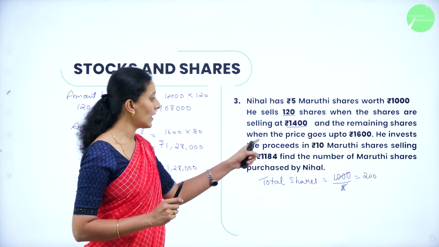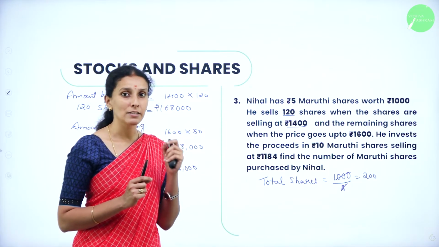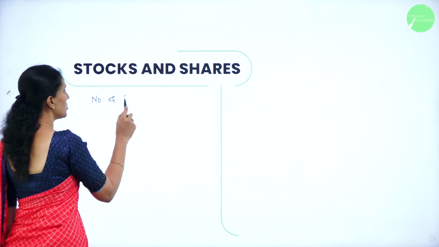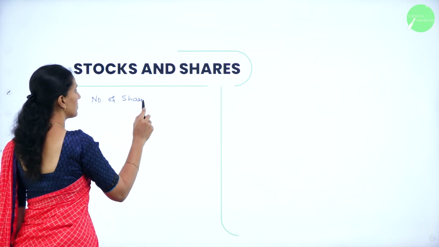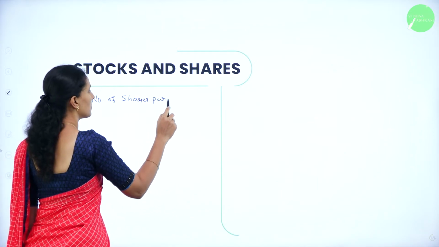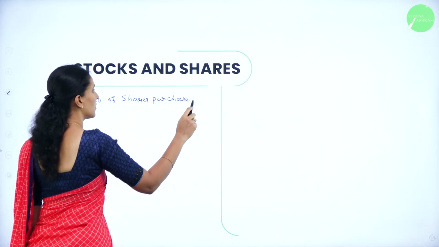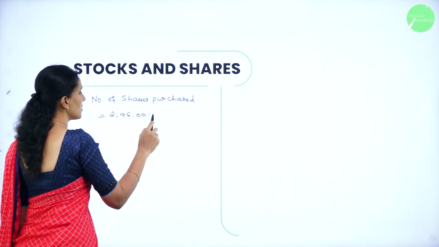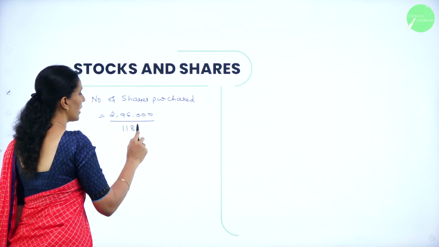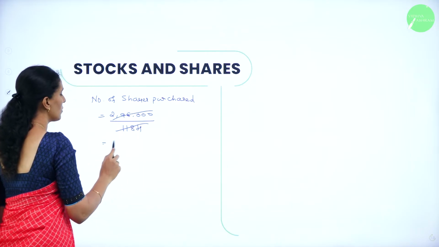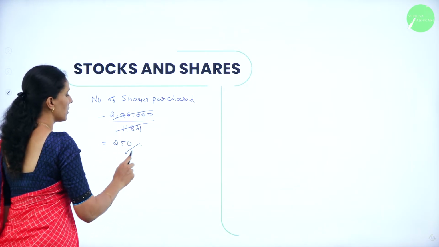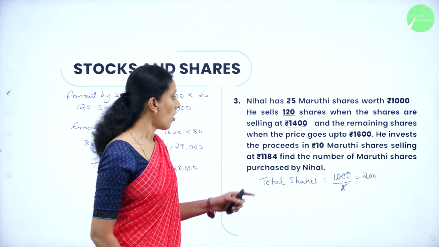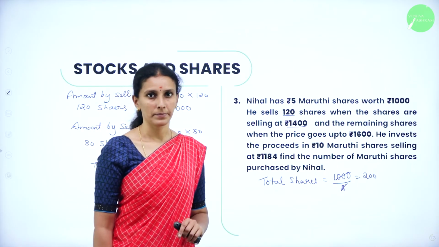We have to calculate the number of shares he has purchased. So here, number of shares purchased is equal to 2,96,000 all divided by 1184. When you cancel this, you will get a value of 250. So Nihal buys 250 shares of Maruti.